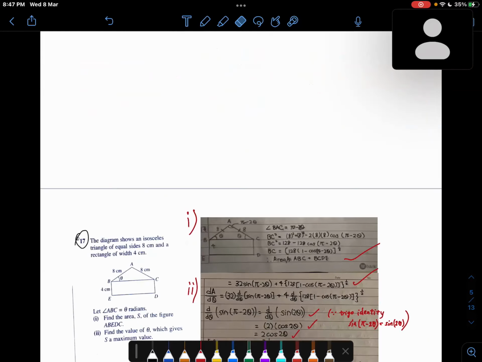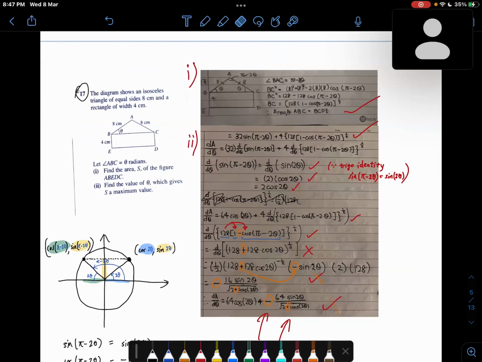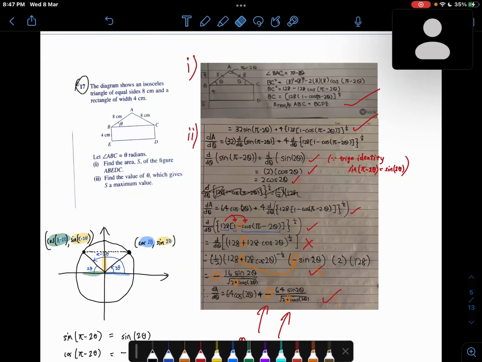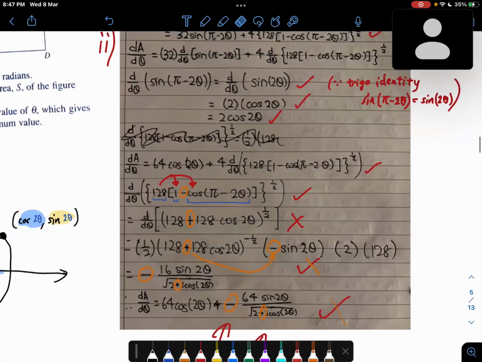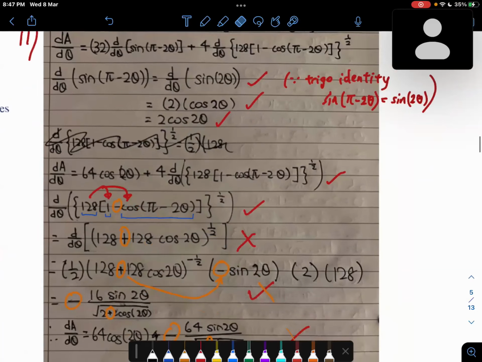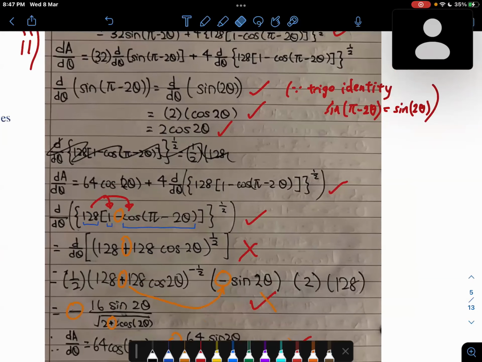Okay, question 17, also mostly correct, except for the differentiation part. Over here, when you want to differentiate the second expression, there's a 128 times 1 minus cosine pi minus 2 theta, to the power of half.